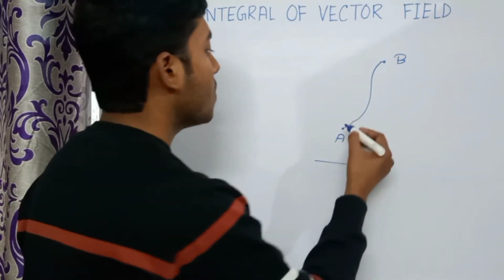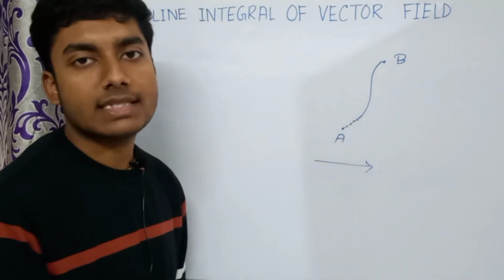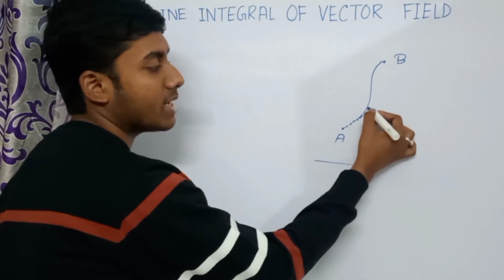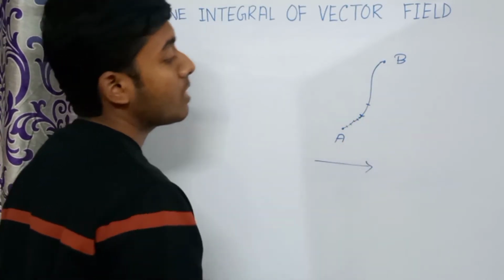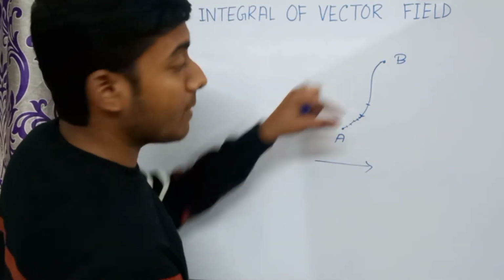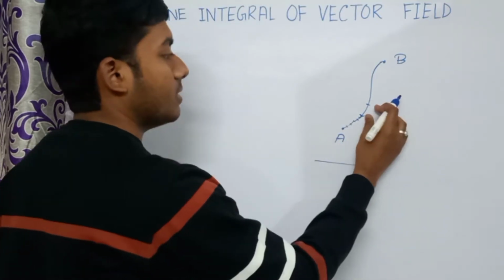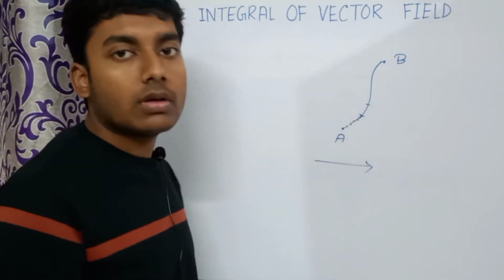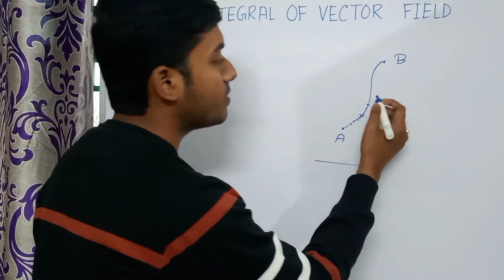We are cutting this path into very small distances. Here I am representing this small distance with this. Yes, this may be very large to you, but for your understanding I am taking this big length.